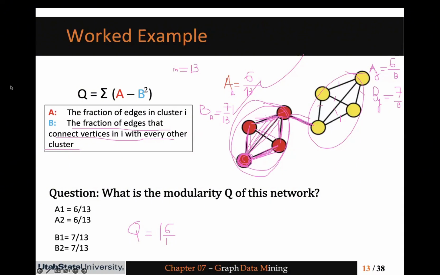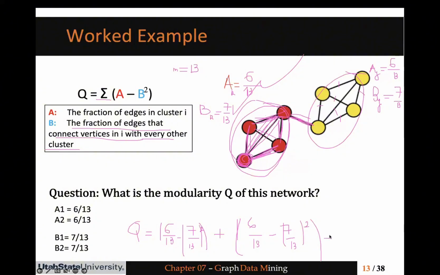So 6 over 13 minus 7 over 13 squared, which is B red over here, plus, which is the sum that I have here. Now I should do the same thing for my yellow community, which is exactly the same factor. So 6 over 13 minus 7 over 13, and I raise that square over here.